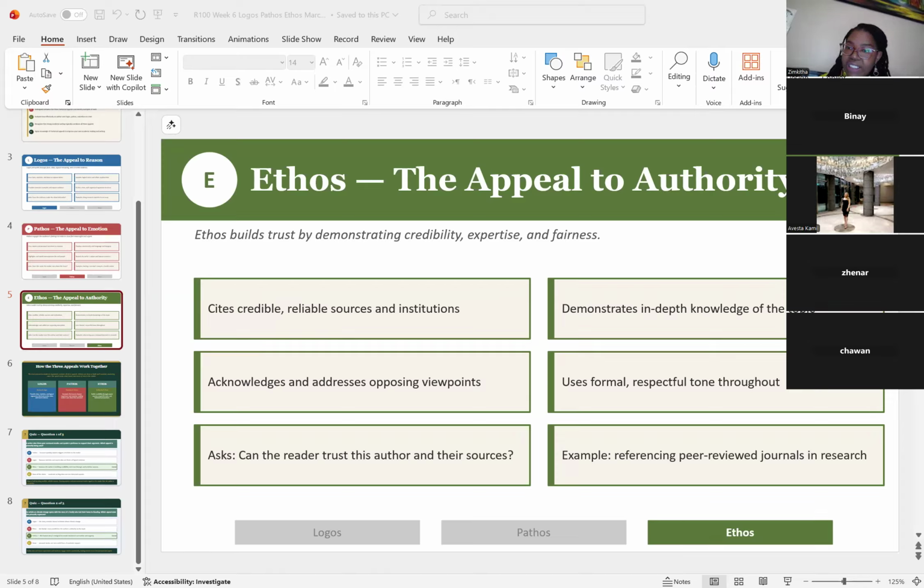Then you have the UN telling you that climate change is bad. Who would you believe? Me or would you believe the UN? And why, Jenard? Jenard. He's not there. Chawan.